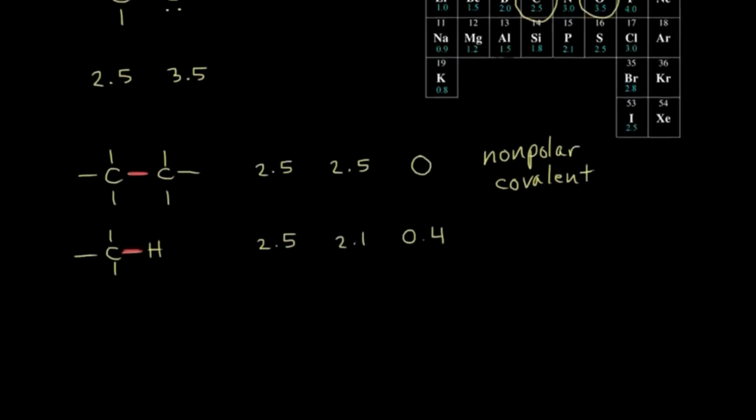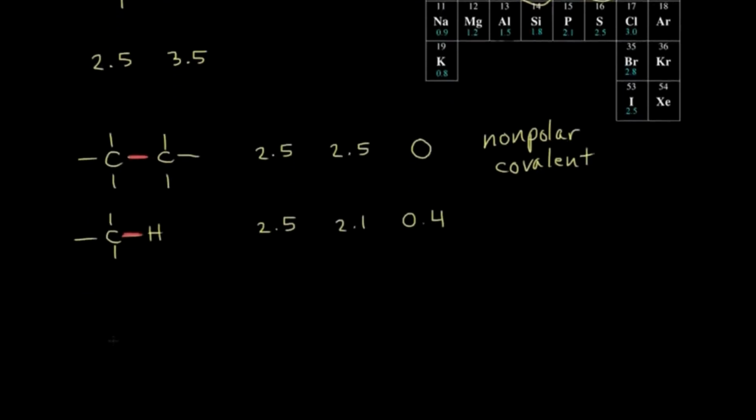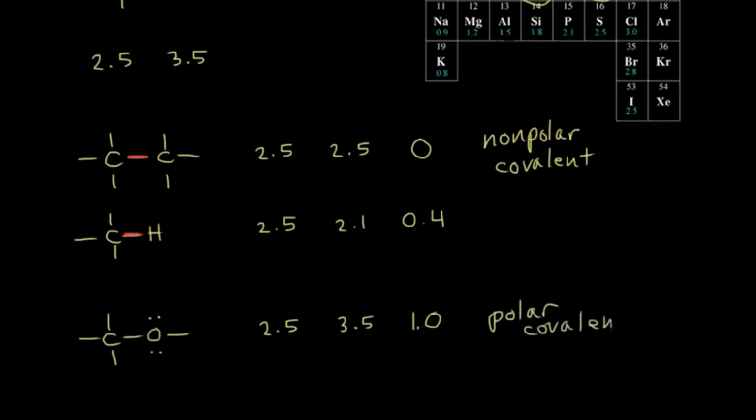All right, let's go ahead and put in the example we did above, where we compared the electronegativities of carbon and oxygen. When we looked up the values, we saw that carbon had an electronegativity value of 2.5, and oxygen had a value of 3.5 for a difference of 1. And that's enough to have a polar covalent bond, right? This is a polar covalent bond between the carbon and the oxygen.